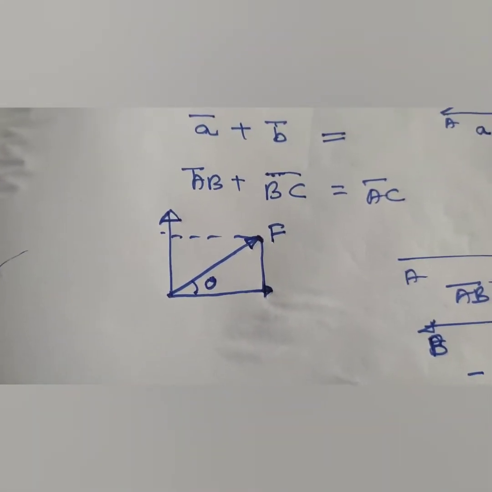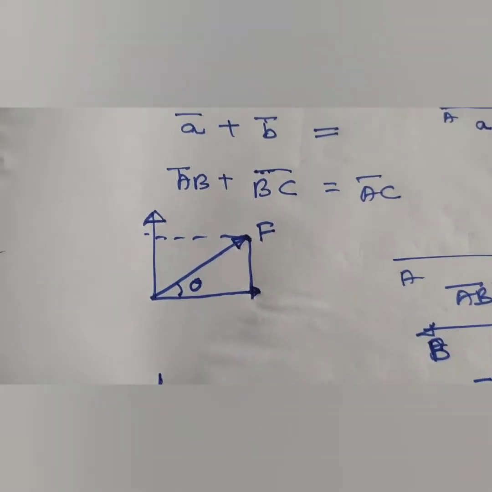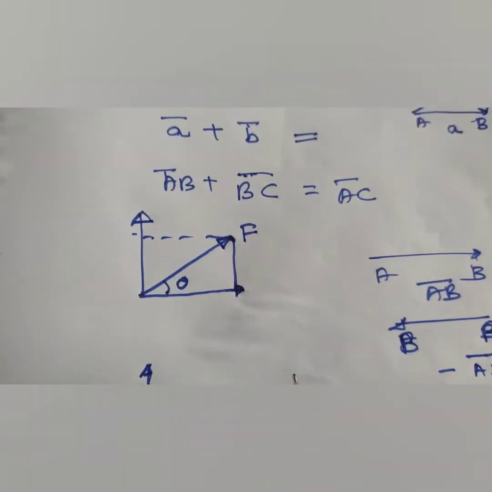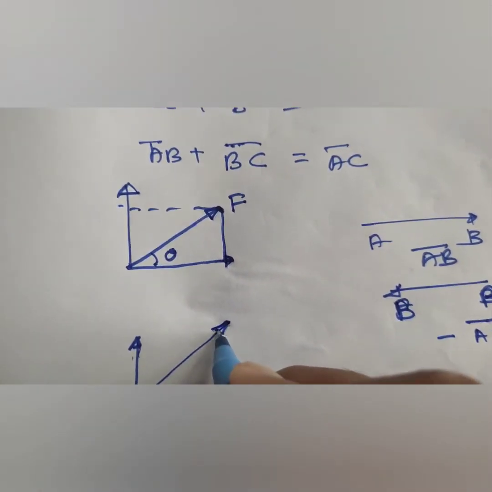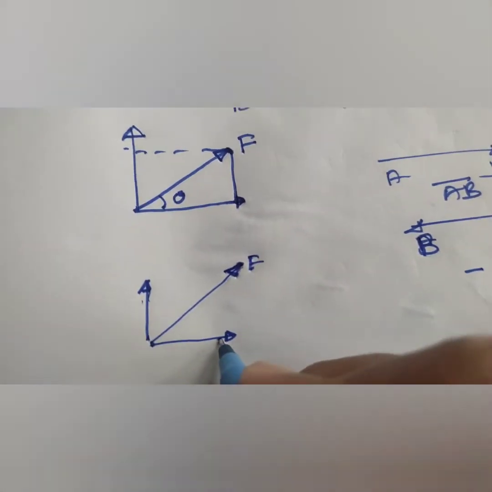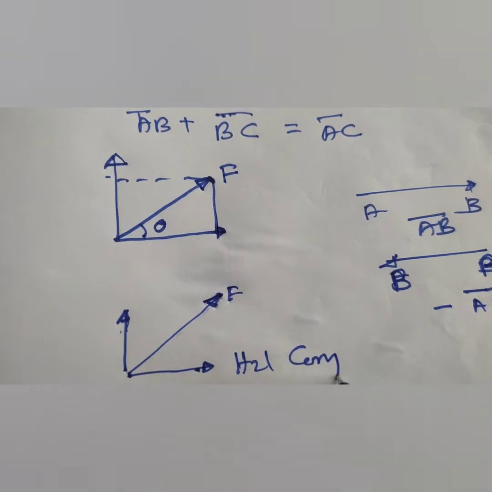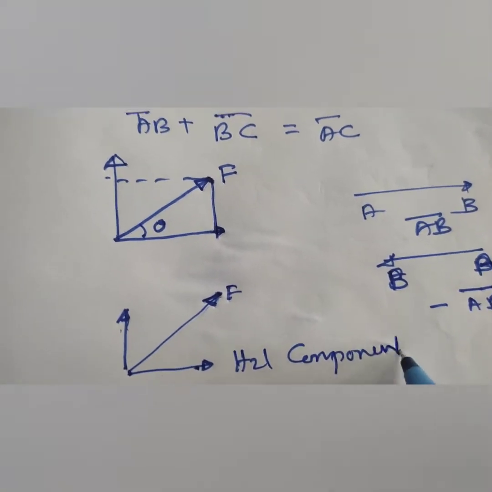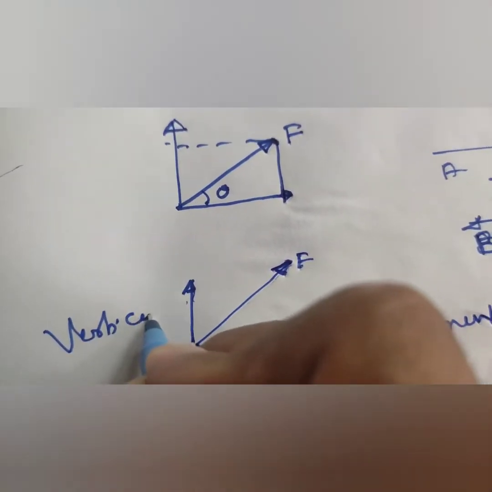Let me draw O. This is one vector, this is another vector. Now this is the force. Force can be split up into a horizontal component and a vertical component.